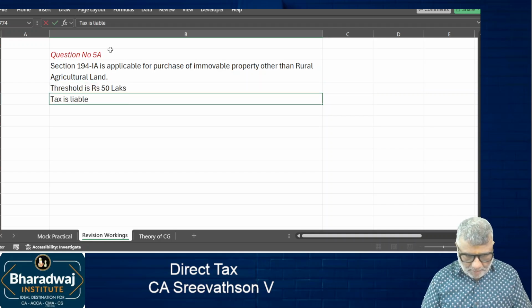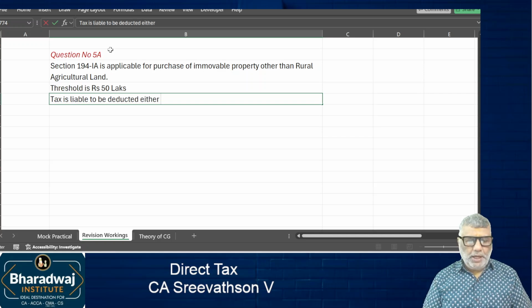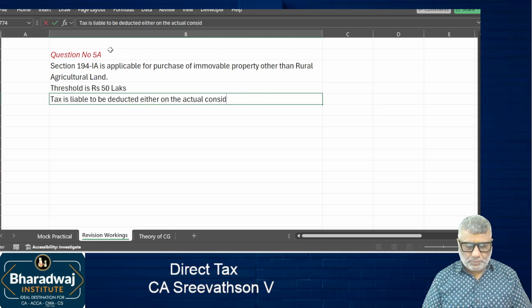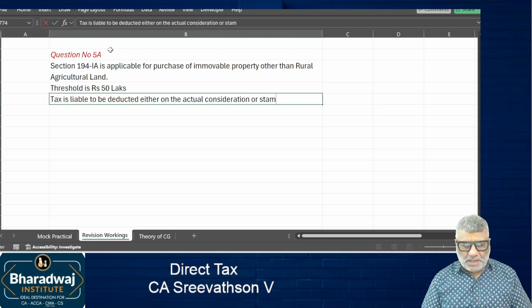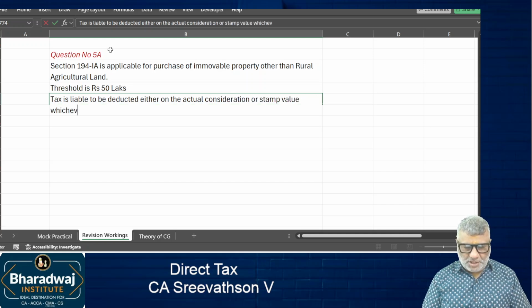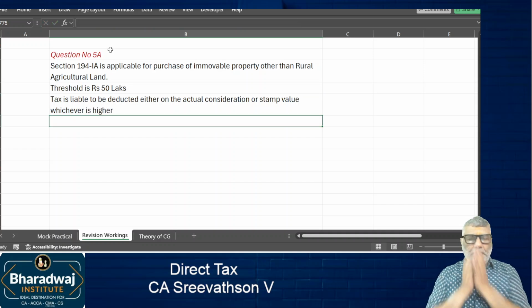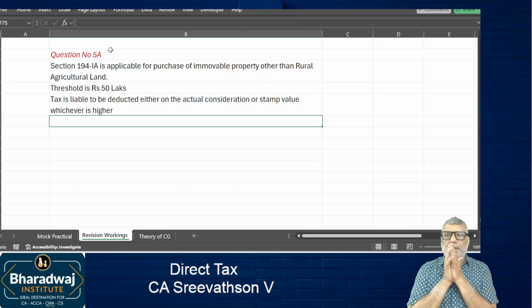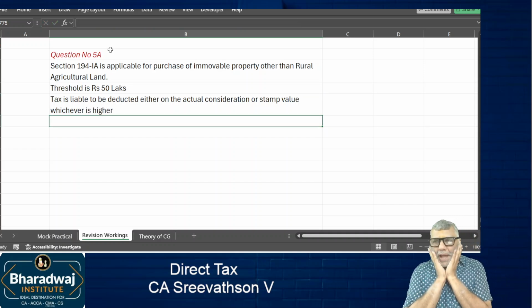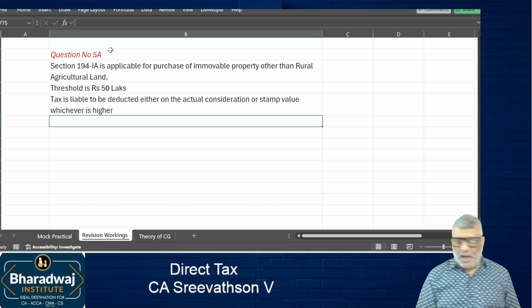Tax is liable to be deducted either on the actual consideration or stamp value, whichever is higher.